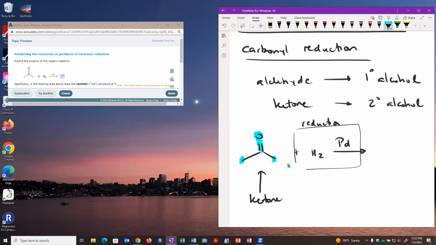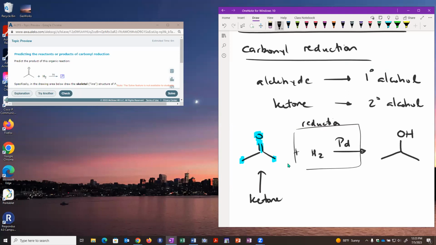So all we need to do is draw. We're not messing with the number of carbons. That's going to stay the same, so we're still going to have 1, 2, 3. All I need to do is convert that carbonyl into a hydroxyl group. So I change it to an OH because I'm adding as many H's as I need to my structure.